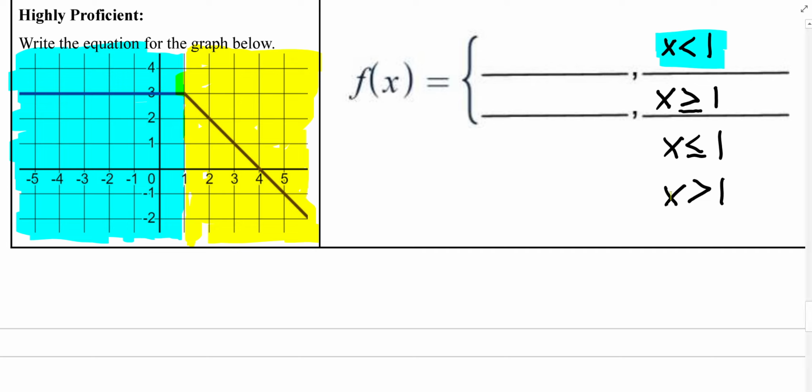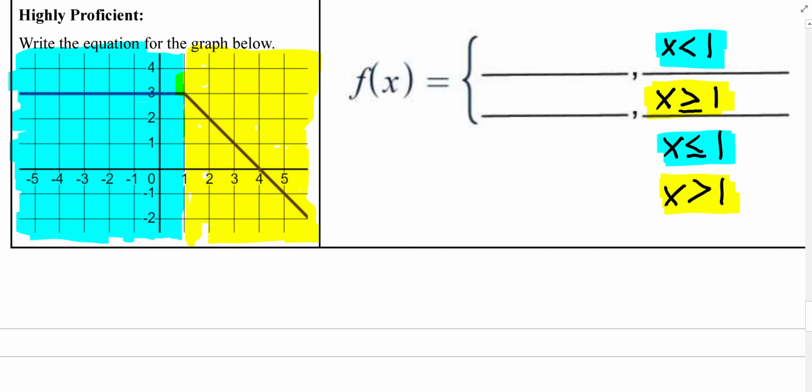So x greater than or equal to 1, or x greater than 1 strictly, or x less than or equal to 1. So you only want the equal to at that boundary on one of them or the other, so that we're consistent with just having one x value in our function. So put it on one, put it on the other.